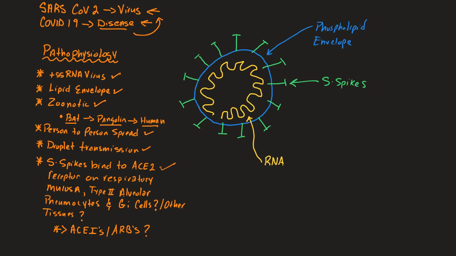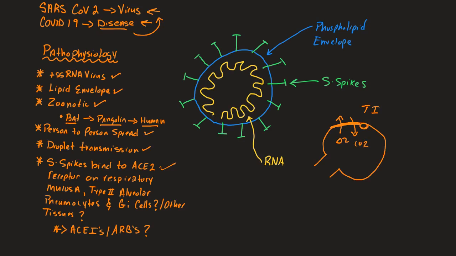But we also see these expressed on what are called type 2 alveolar pneumocytes. When you look at the alveoli, those are the actual air sacs, quote unquote, right? The microscopic little air sacs where gas exchange occurs. And the alveoli are essentially made of two different kinds of cells. You've got the type 1 pneumocytes, which create the actual membrane where oxygen diffuses into the blood and carbon dioxide diffuses out.